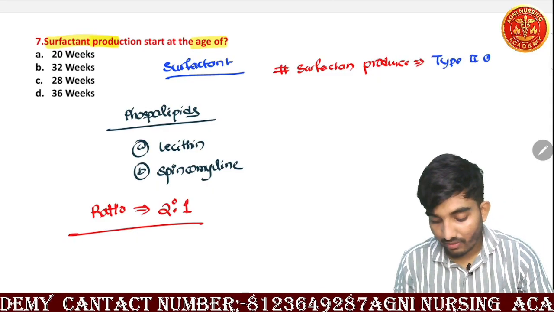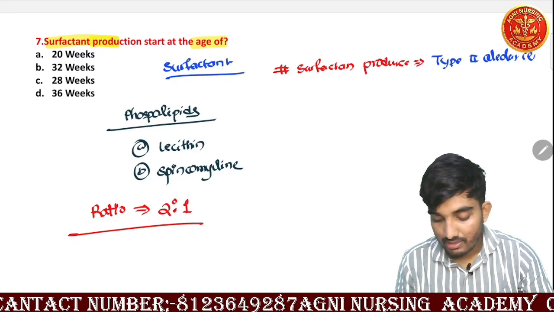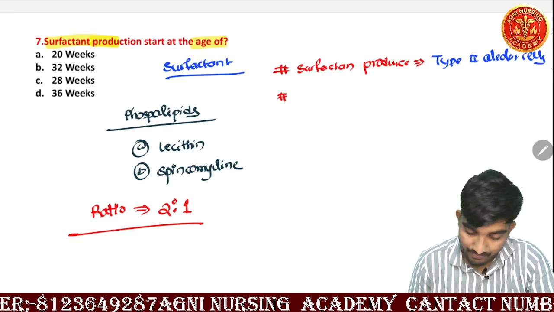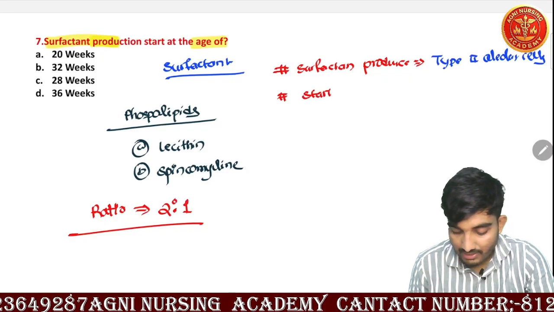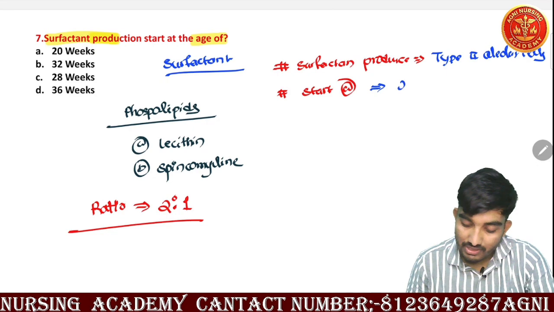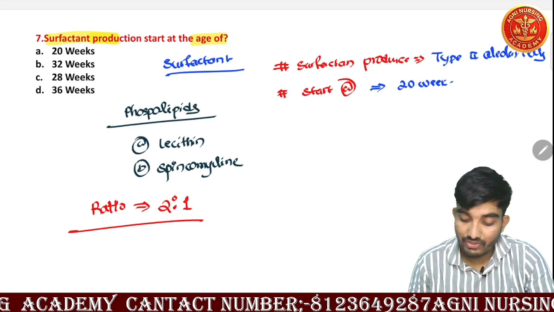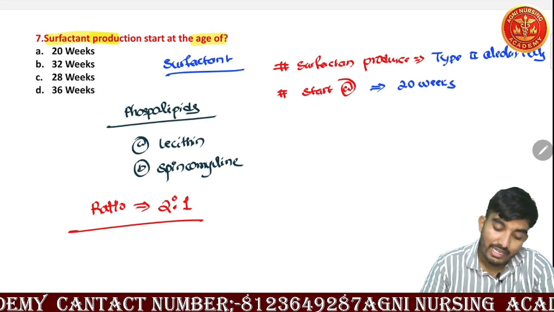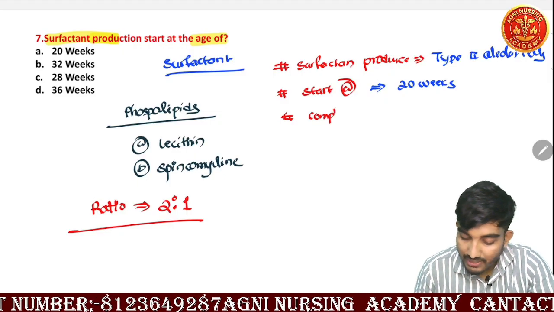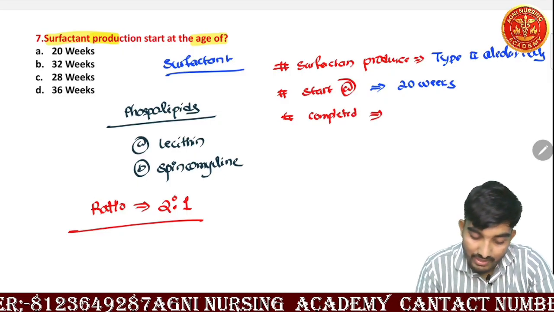Surfactant production starts in the fetal lungs at 20 weeks and is completed at 35 weeks.